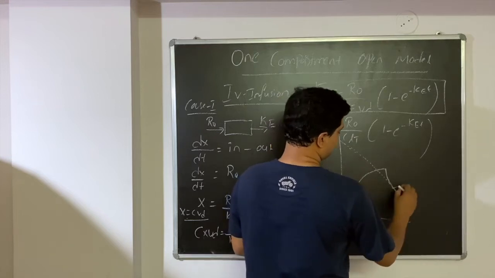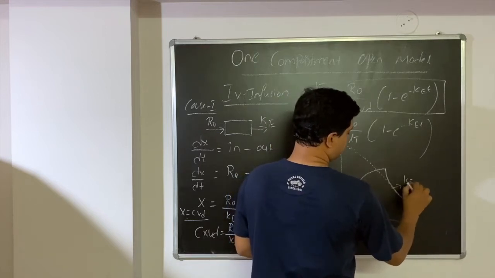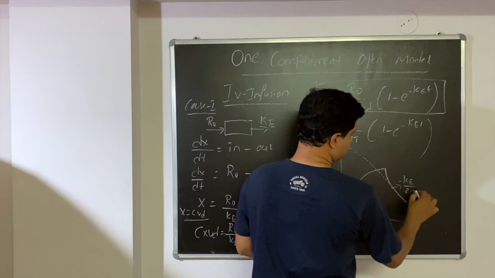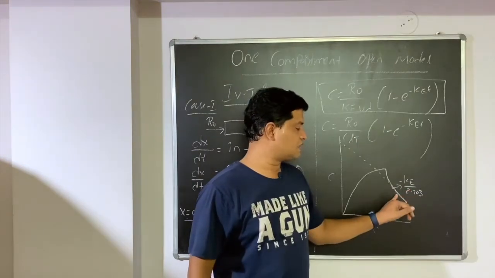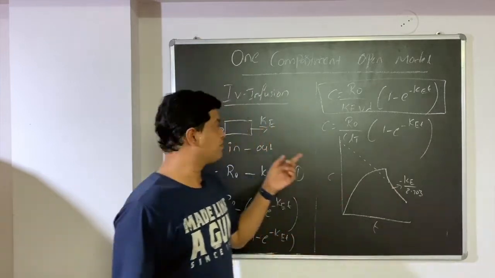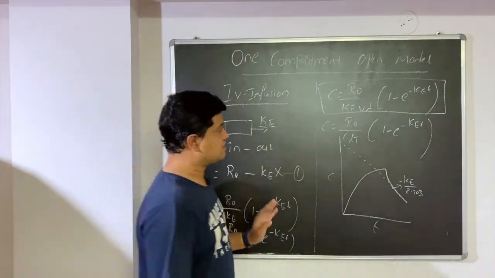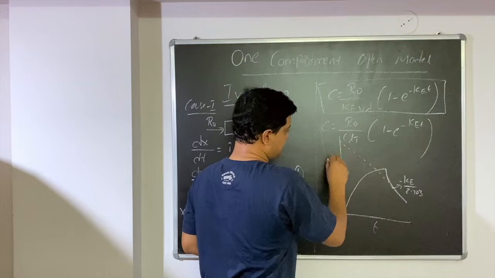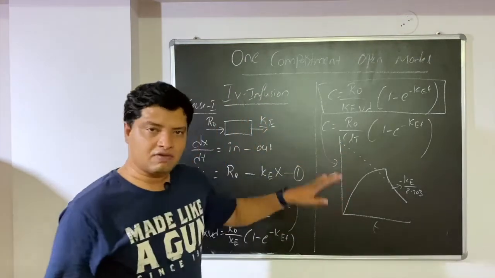So the slope of this will give minus Ke by 2.303. Slope of this extrapolated graph will give you the Ke value. So you can estimate Ke from case 1 also. Case 1, this equation is represented by this graph. That is case 1.